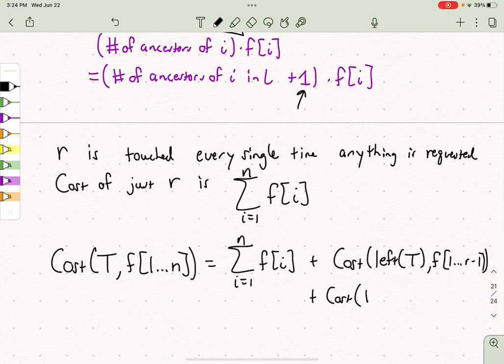And then similarly, we have the right side of the tree, with F from R plus 1 to N.